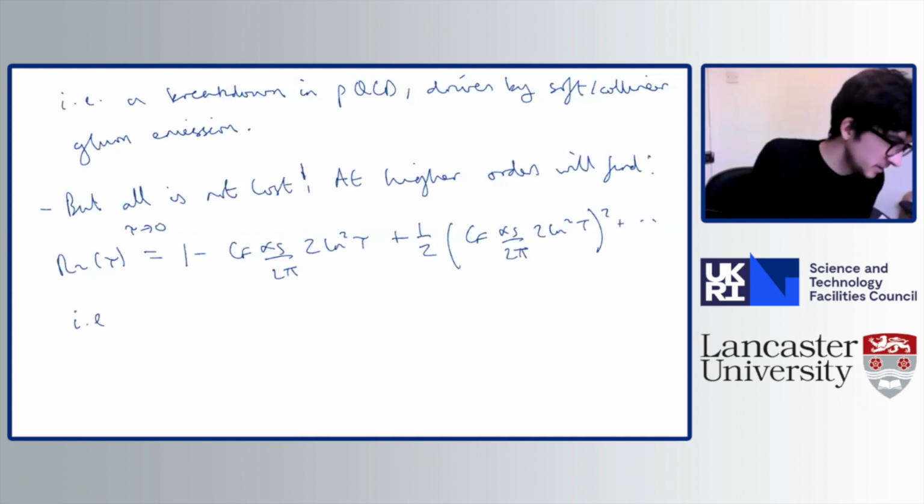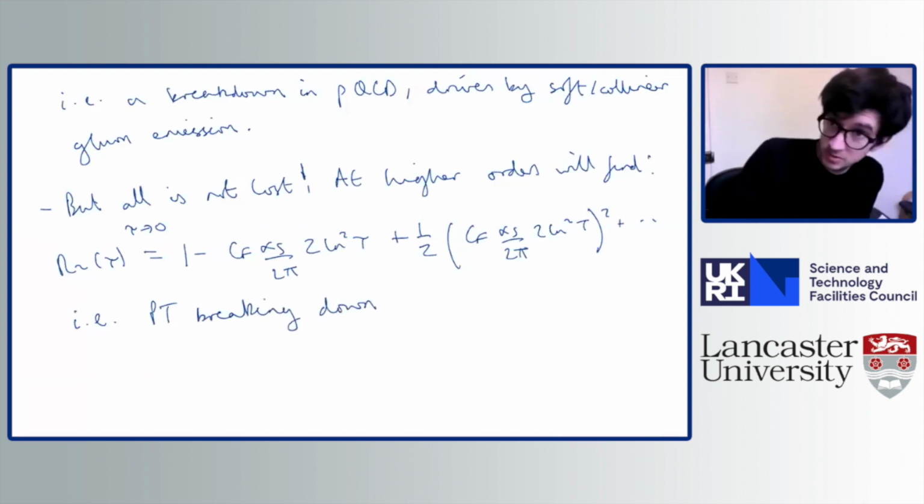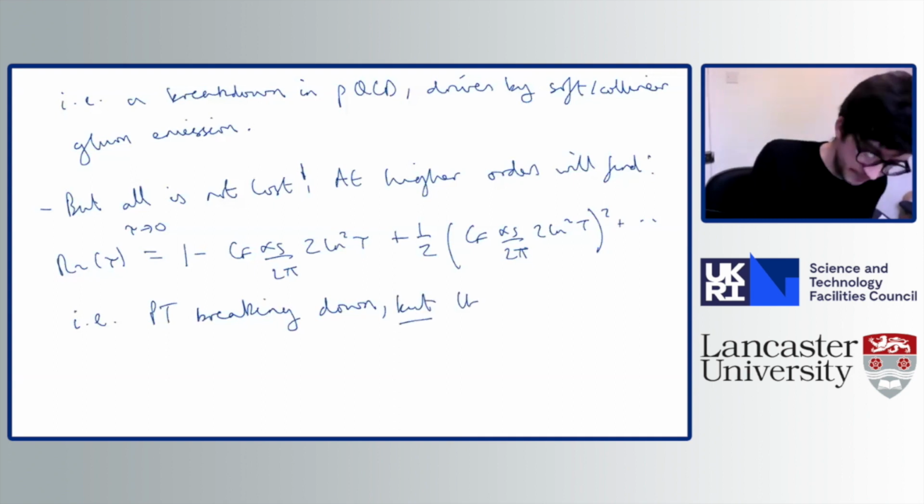So perturbation series is certainly breaking down. Perturbation theory is breaking down. Each term on top of the next is bigger than the last one, but the above is nonetheless a Taylor expansion of something.